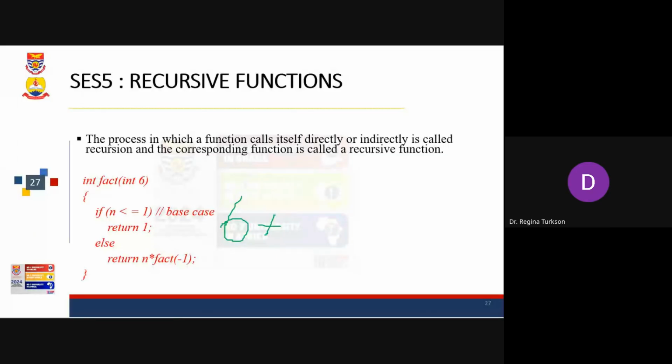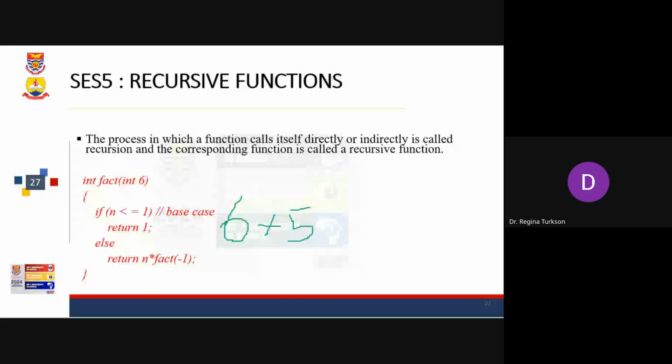Now we still have the factorial in there. Is 5 less than or equal to 1? No. So we'll go to the else section, and the else section says return n times factorial of n minus 1. So now we will return 5 times factorial of n minus 1, that is 4 factorial. Is that one clear? So now we have 4 factorial.